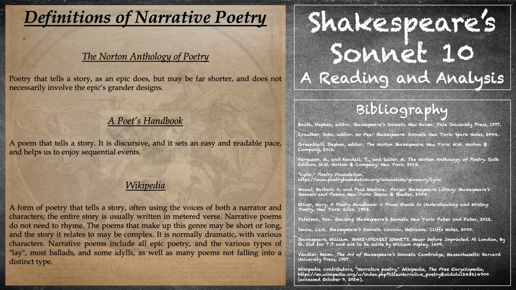Finally, Wikipedia defines the term narrative poetry as a form of poetry that tells a story, often using the voices of both a narrator and characters. The entire story is usually written in metered verse. Narrative poems do not need to rhyme. The poems that make up this genre may be short or long, and the story it relates may be complex. It is normally dramatic with various characters.